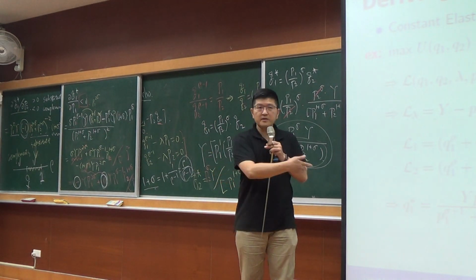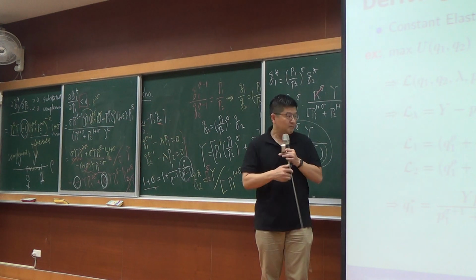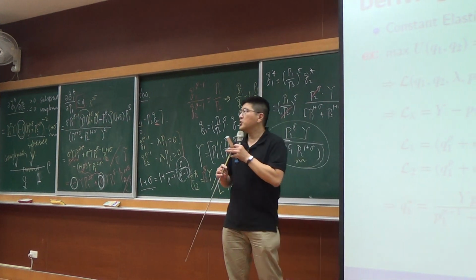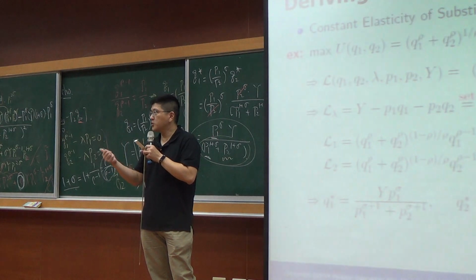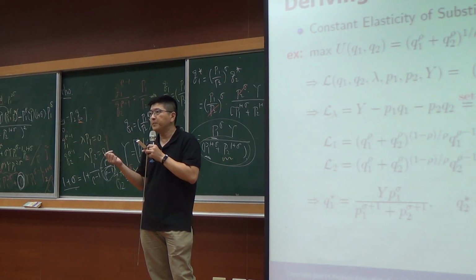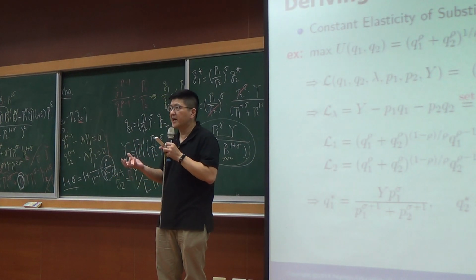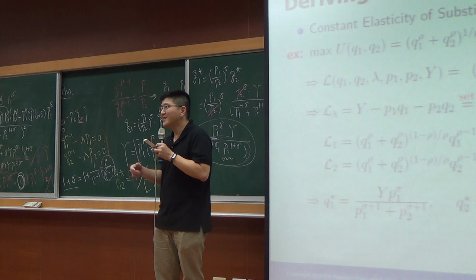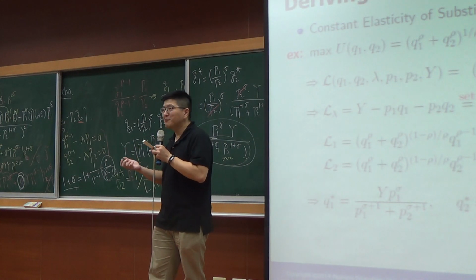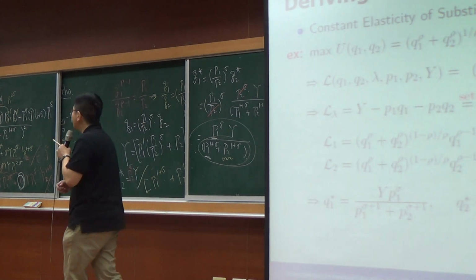So a CES demand function makes the good a normal good and also satisfies the law of demand, and also these two goods can be substitutes or complements.